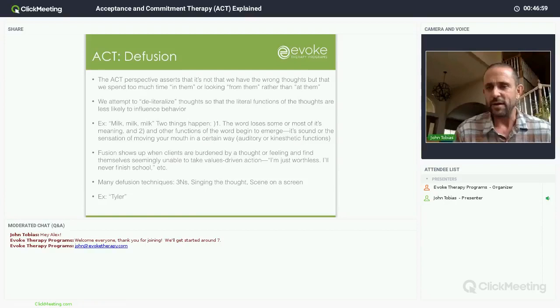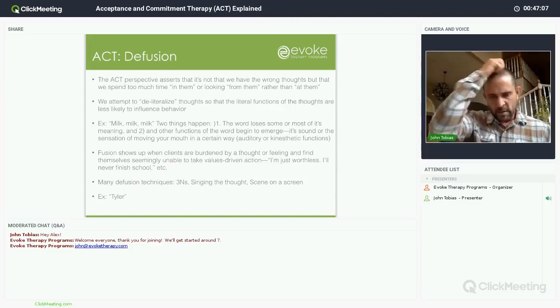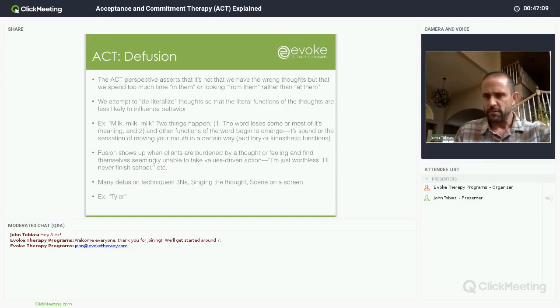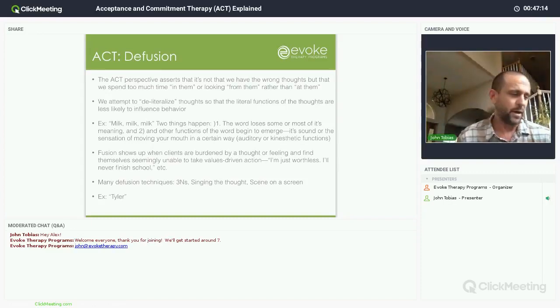One of the things that I'll do with clients to help illustrate and provide an experience of this process is I'll say, imagine a glass of milk. It can be cow milk, can be rice milk, can be soy milk, almond milk, whatever you like. But imagine a glass of milk.